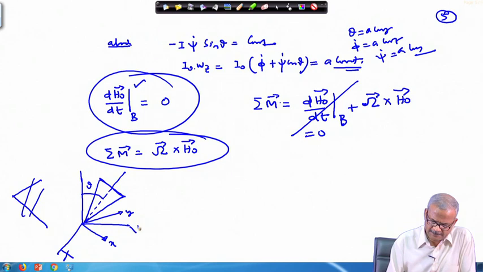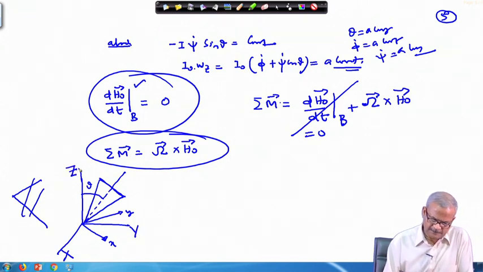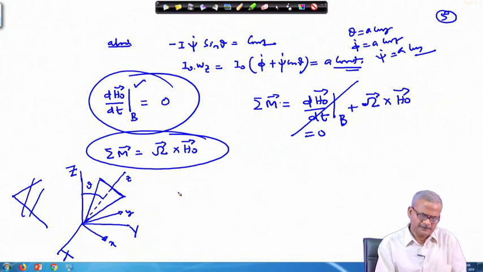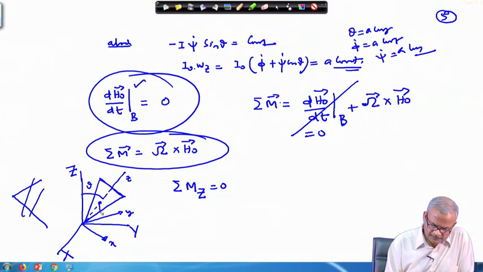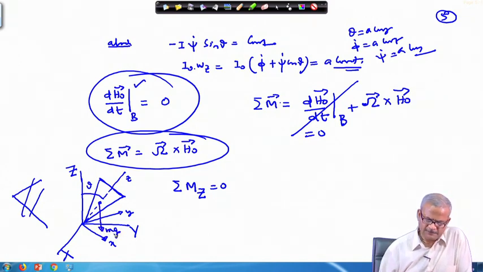This is capital X, capital Y, capital Z. This is a small z here. So, we can see from this place that E capital M Z, this quantity is 0, because your m g is acting just downward. Okay. There is a torque about this axis.